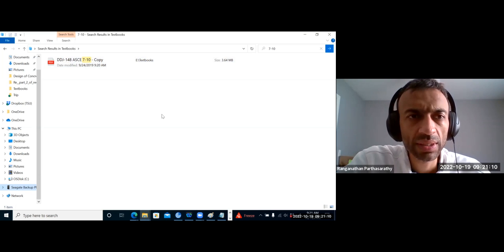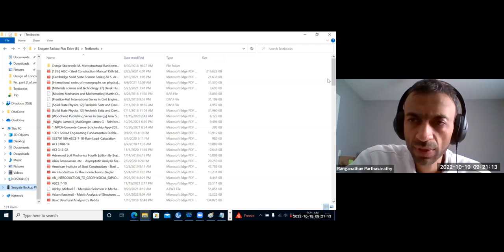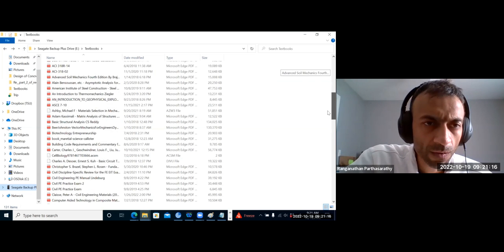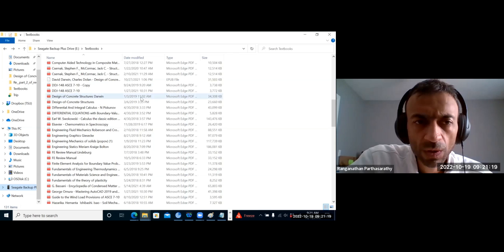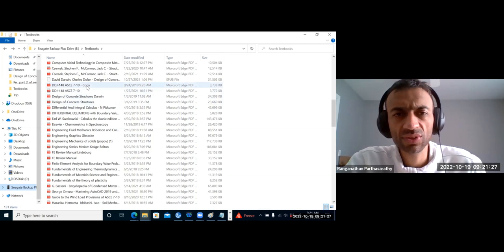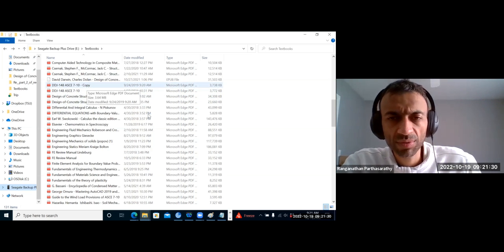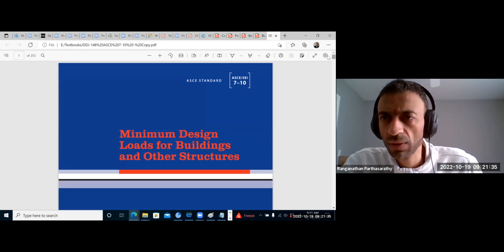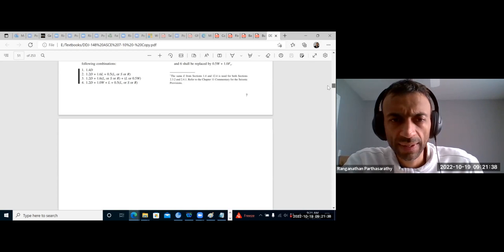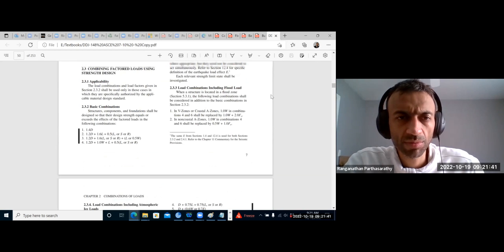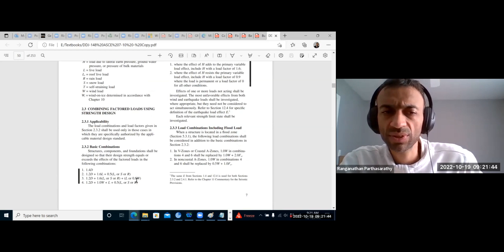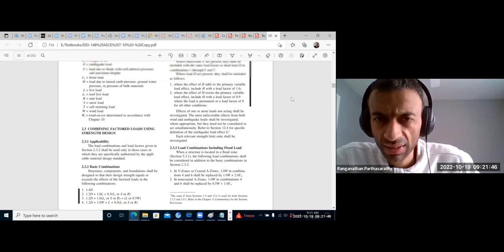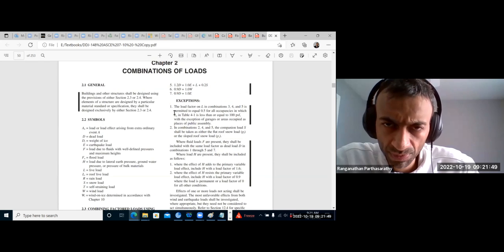This is not the complete one, but it's okay. For now, I will open it. So you remember that, yeah, these are all basic load combinations for strength design.